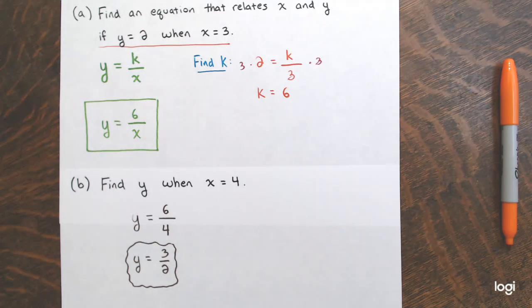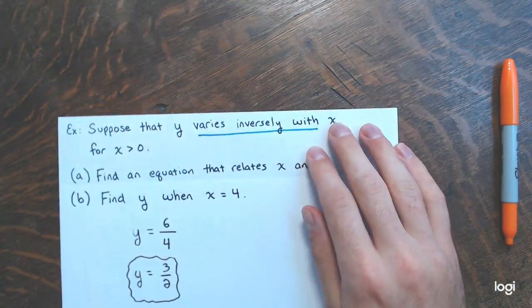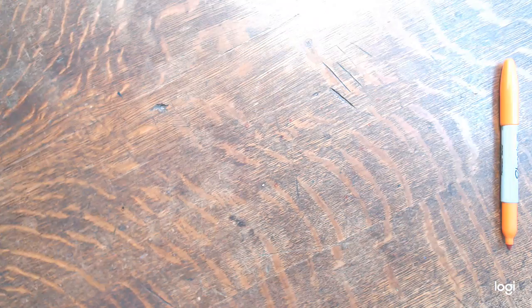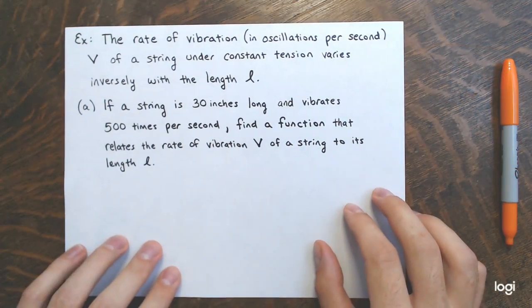Okay. So hopefully now we know what it means for one variable to vary inversely with another one. Let me go into an application problem involving the vibration of a string under constant tension.